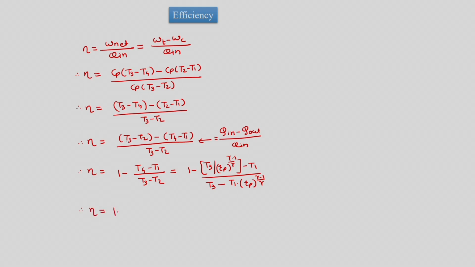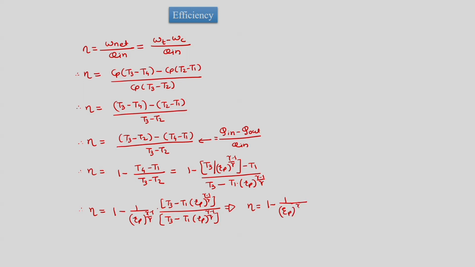So efficiency becomes 1 minus 1 upon Rp raised to (gamma minus 1) upon gamma into [T3 minus T1 into Rp raised to (gamma minus 1) upon gamma] divided by [T3 minus T1 into Rp raised to (gamma minus 1) upon gamma], and it gets cancelled. So this leads to efficiency is equal to 1 minus 1 upon Rp raised to (gamma minus 1) upon gamma.